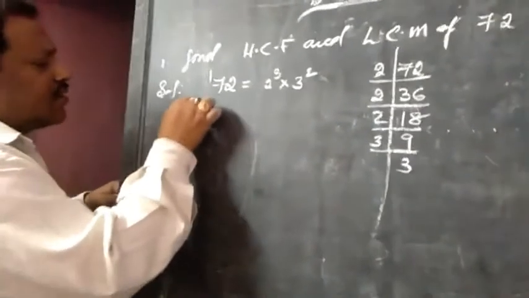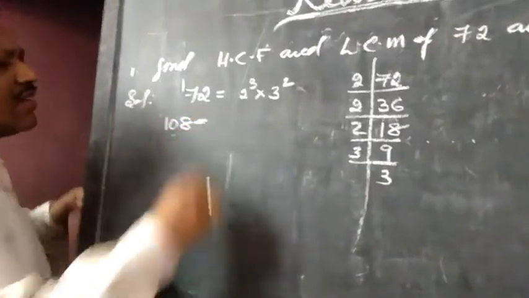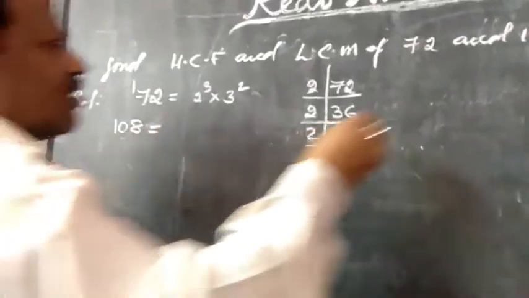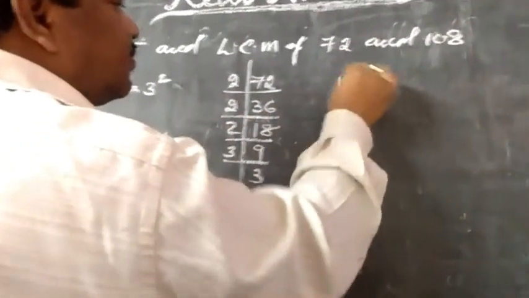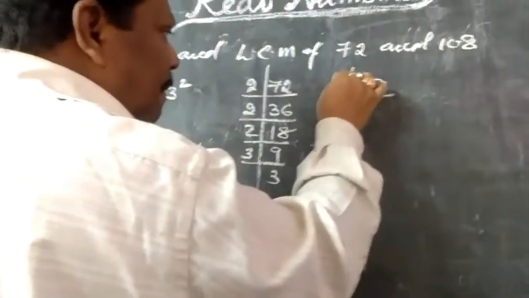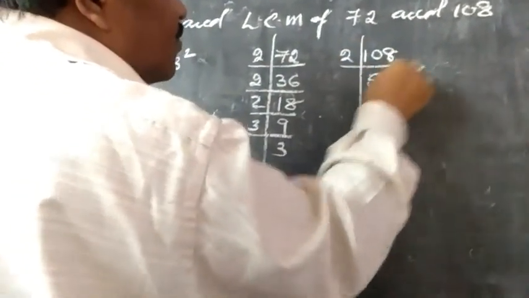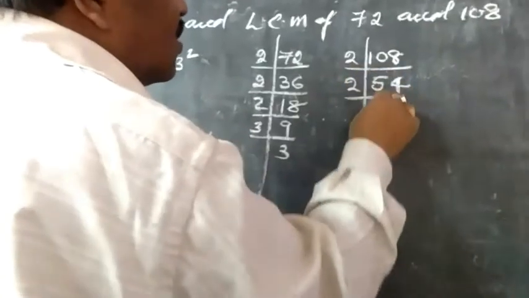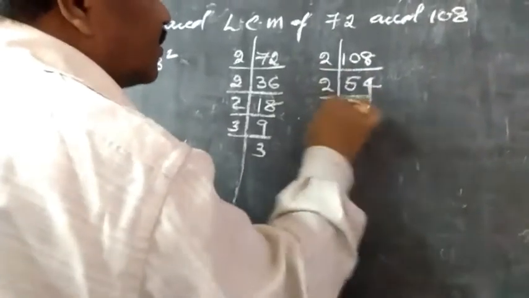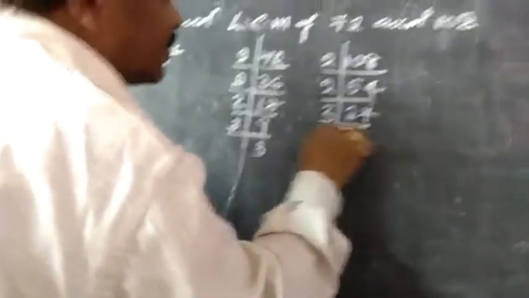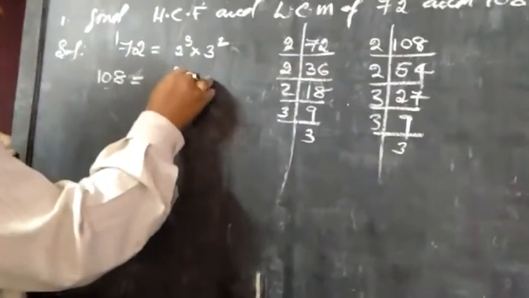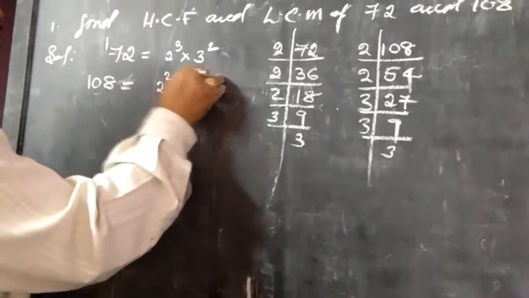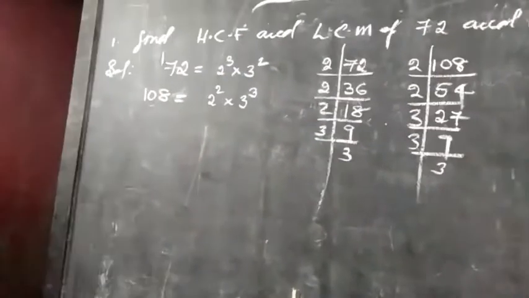Next, 108. Find the factors of 108. 2 fifty-fours are 108, 2 twenty-sevens are 54, 3 nines are 27, 3 threes are 9. So it is 2 square into 3 cube.